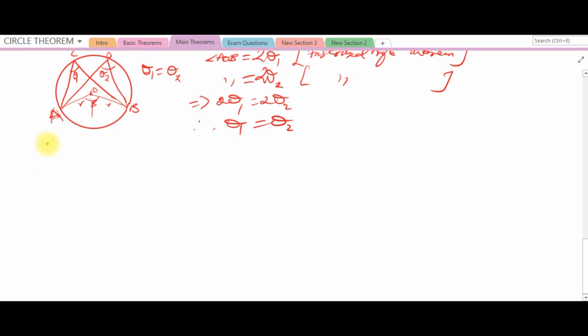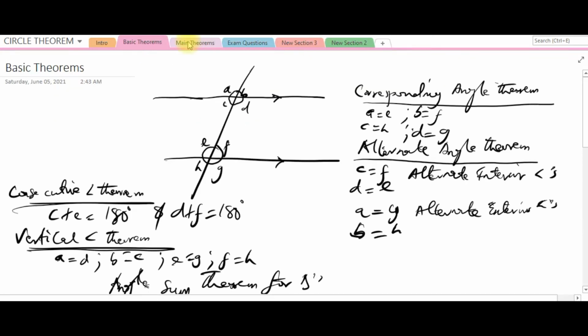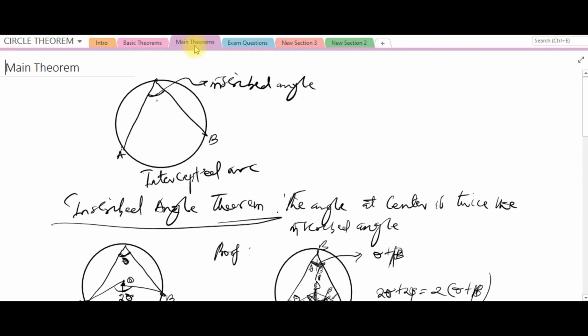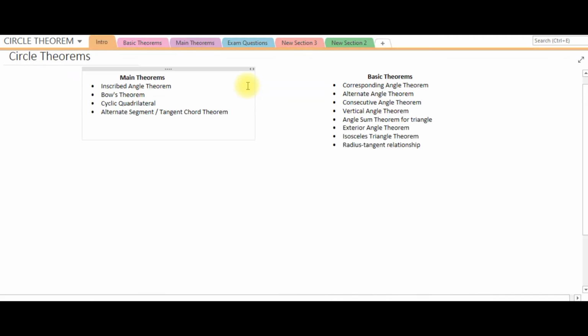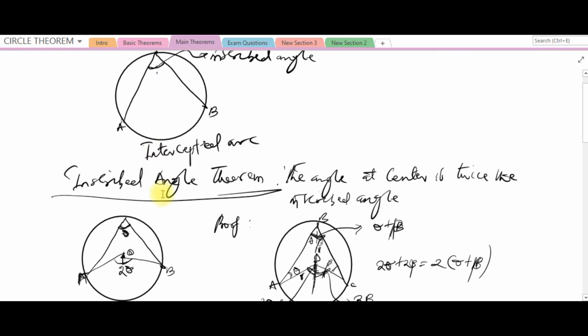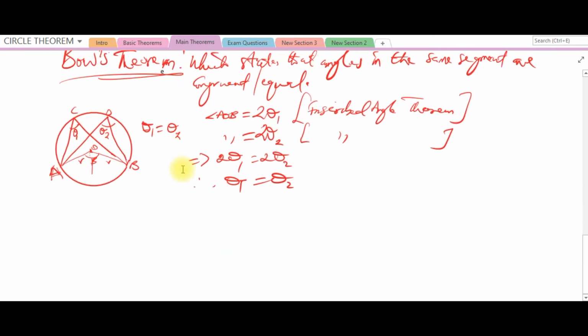So the next theorem is the cyclic quadrilateral. You'll be wondering, what is a cyclic quadrilateral? A cyclic quadrilateral is just a quadrilateral that is inscribed in a circle.